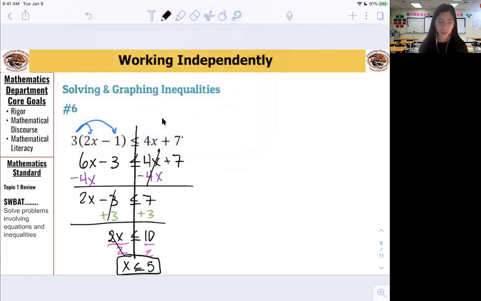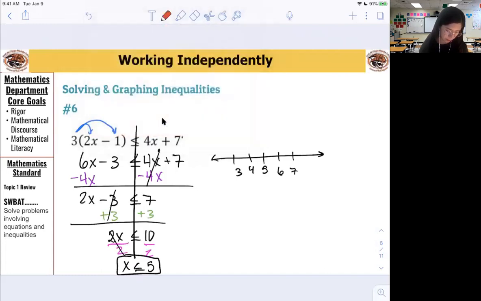There's my answer. Now I'm going to graph it. Graphing inequalities is very simple. You start by making your number line. I know x is less than or equal to 5, so 5 goes in the middle. And I'm going to put 2 points to the right and 2 points to the left.